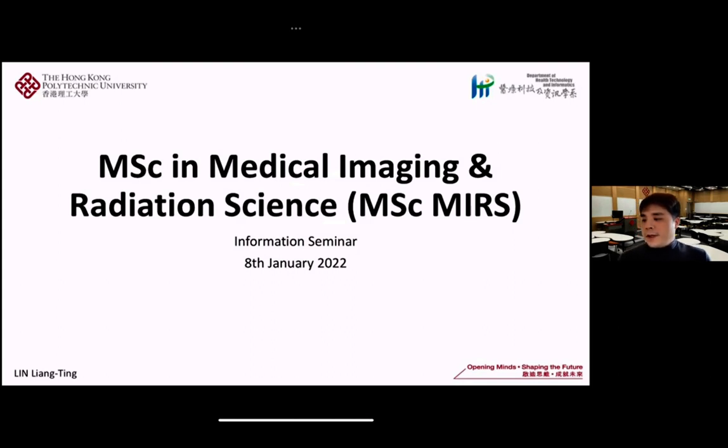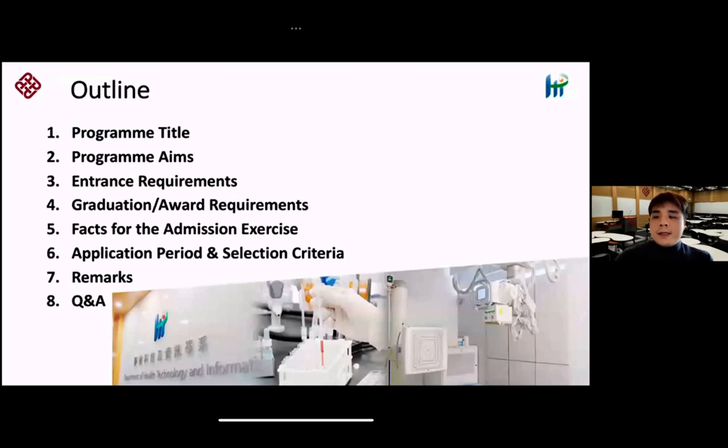So first of all, thank you for the time here with me. This is my outline for the introduction of this program. We will start with the title of these programs, as you may already see in the title page. Then we will quickly go through the aim or the intended learning outcomes of this program.